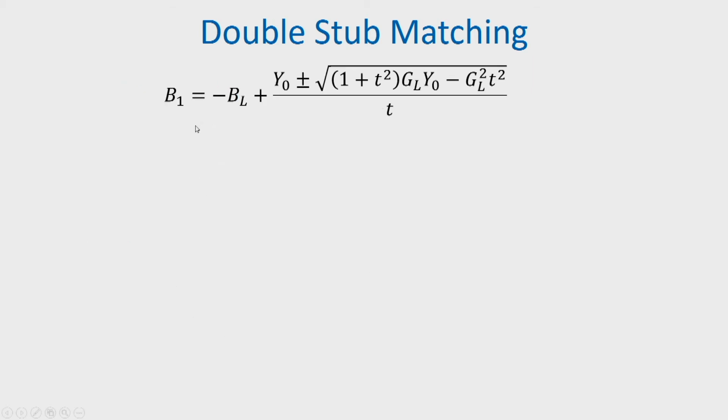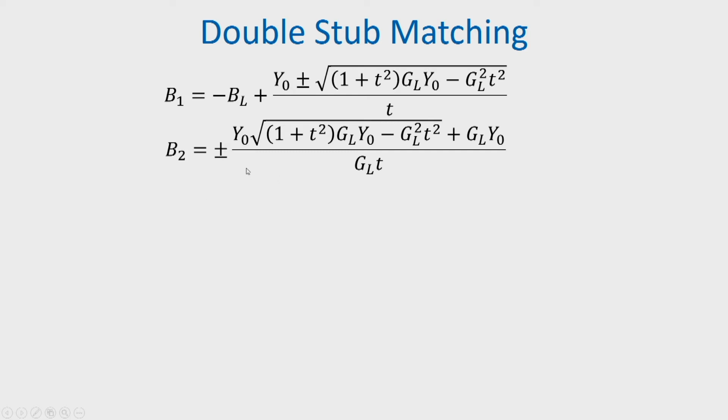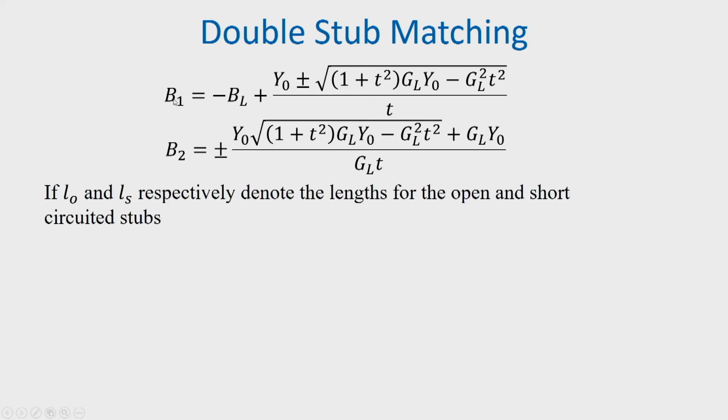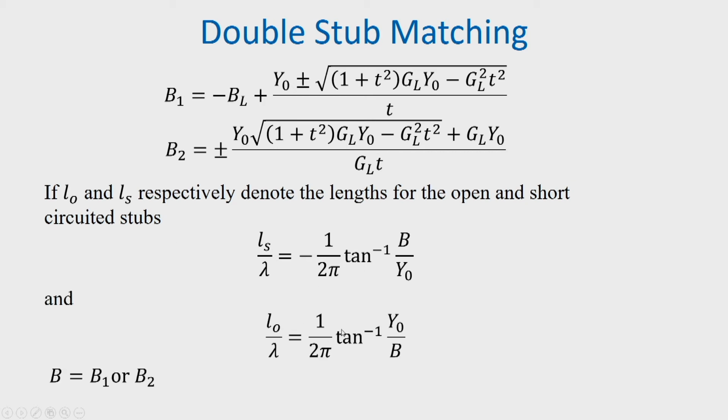Similarly, we can find out the expression for B1 and B2, and once we calculate B1 and B2, we can calculate the lengths of the open and short stub by these relationships, where this B is either B1 or B2, and therefore, we get the location which is fixed already, d, the separation for that particular location.